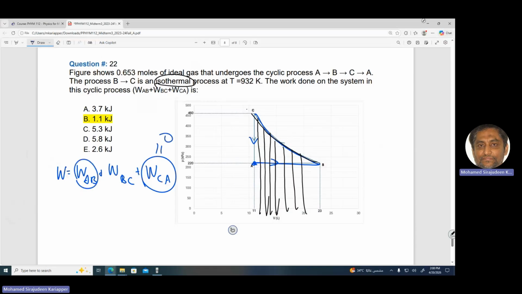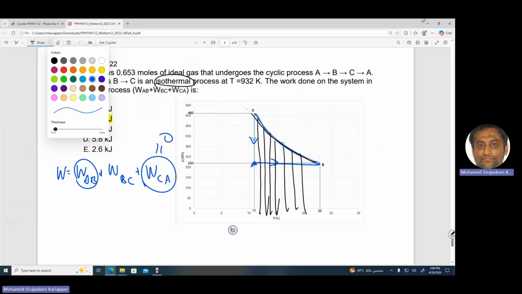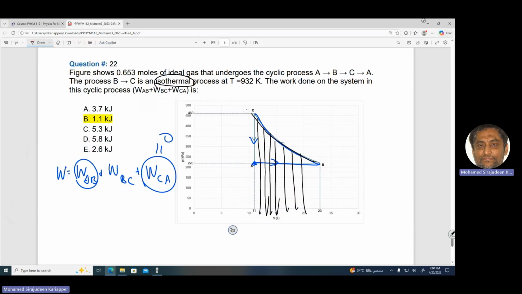This one, that is this guy, right? If I use another color, this area. That's easy. Tell me. It's expansion, so it is negative. The area will be 220 multiplied by 23 minus 11.